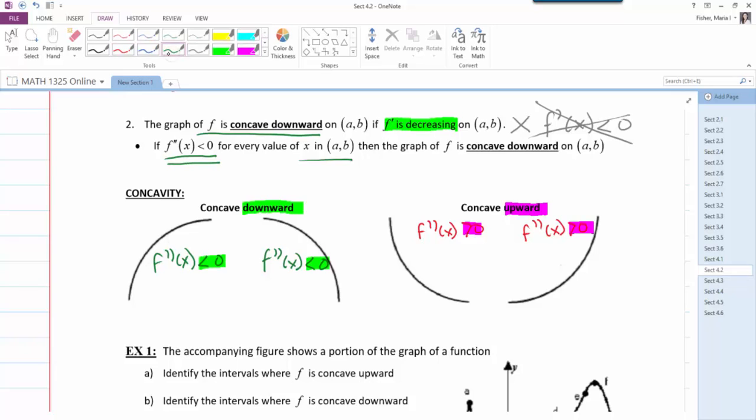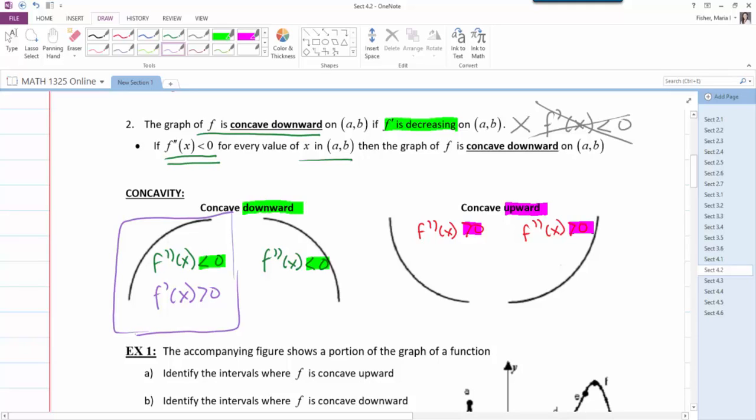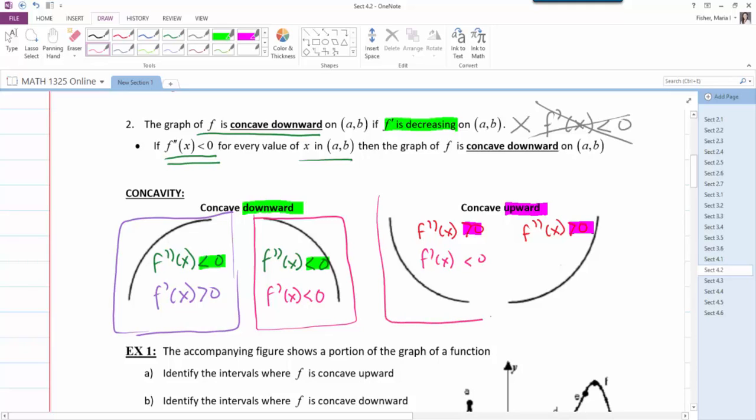So if you end up with a first derivative that is greater than 0, which means you are increasing, and your second derivative less than 0, you're going to look like the left side of a letter N. And over here, if your first derivative is negative or less than 0 and your second derivative is less than 0, you're going to look like the right side of this letter N. Here, if your second derivative is greater than 0 and your first derivative is less than 0, you're going to look like the left side of the U because you are decreasing and concave up.